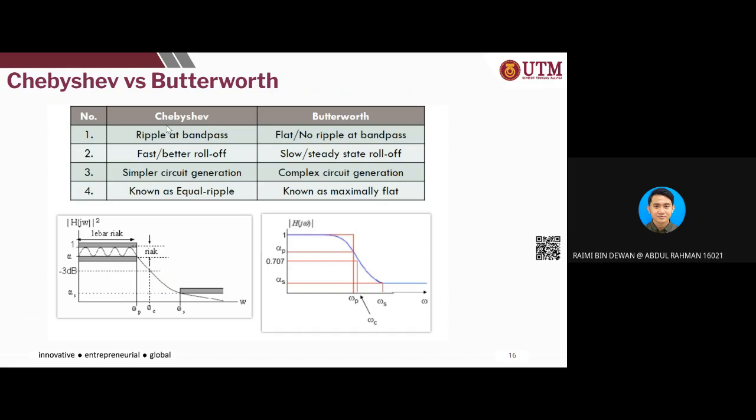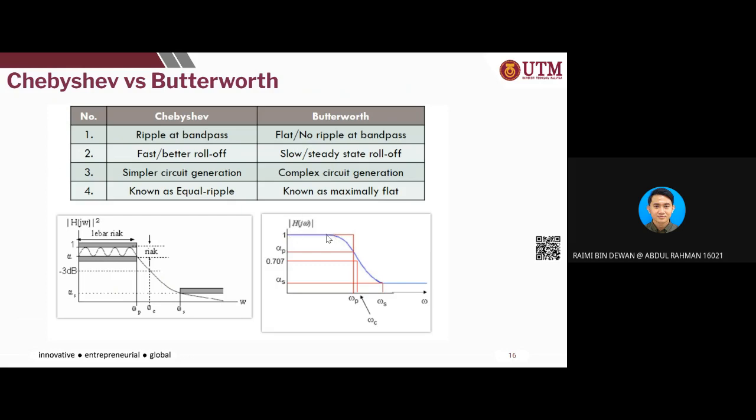So for Chebyshev, we have ripple at our passband. In Malay we call it riak. This one is the passband ripple. However, in Butterworth, we have a flat passband, or no ripple.